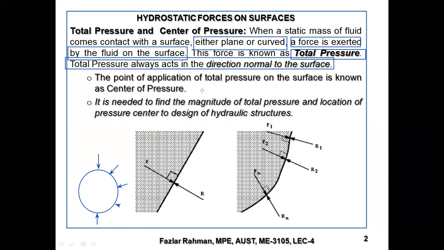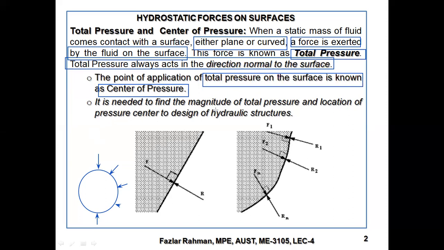Now, the point of application of total pressure. That means if you think of the resultant pressure working through a certain point on the surface, that point is called the center of pressure. The point of application of total pressure on the surface is known as the center of pressure.